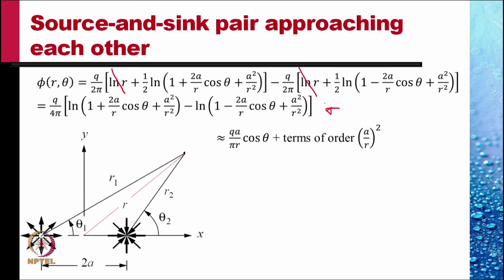So if a is small compared to r, this approaches QA divided by pi r cosine theta.